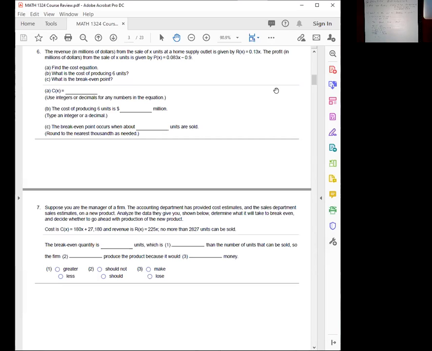So x is equal to 0.9 divided by 0.083. Double check. That looks like 10.84.